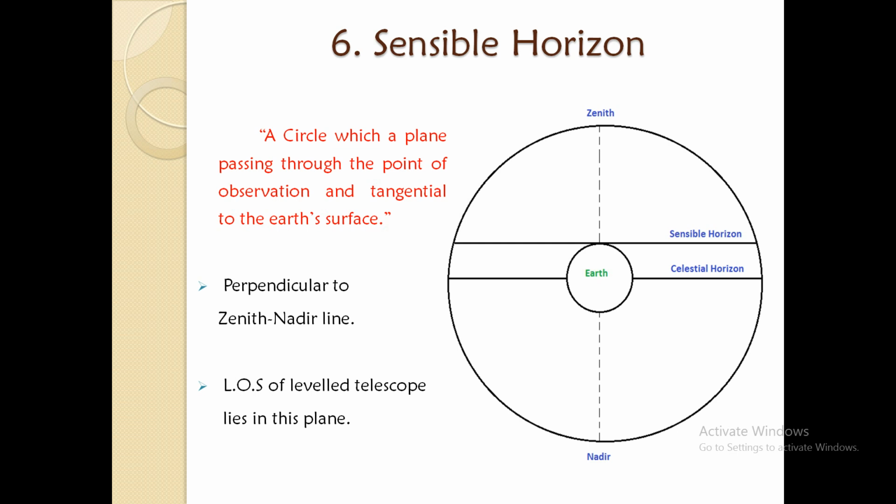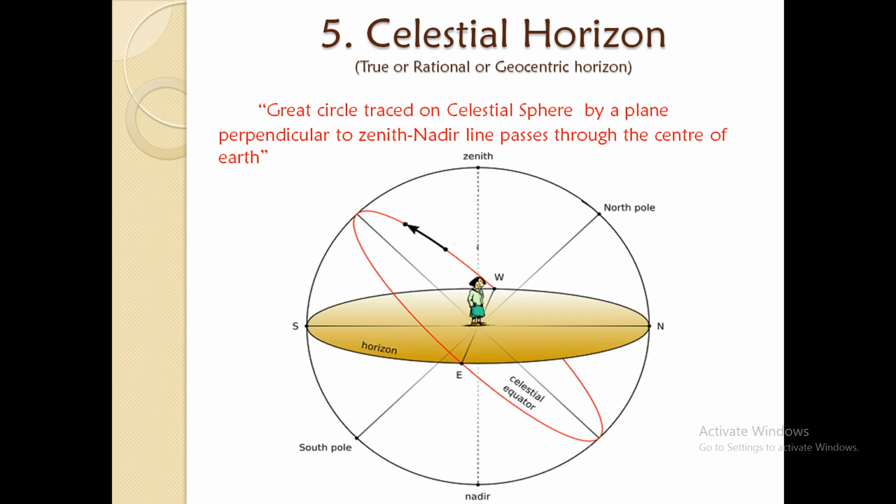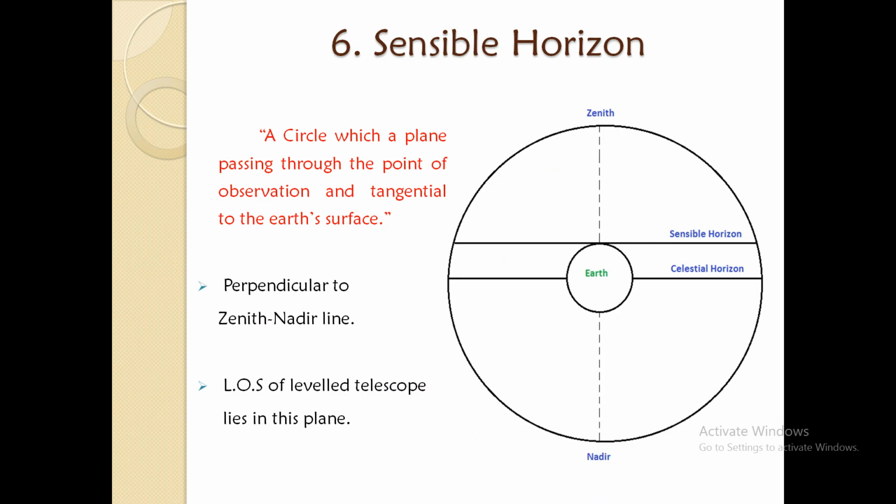This figure shows the elevation of a celestial sphere. So in this figure, the earth is taken as the center of the celestial sphere. A sensible horizon means a circle in which a plane passing through the point of observation, and it will be always tangential to the earth's surface.